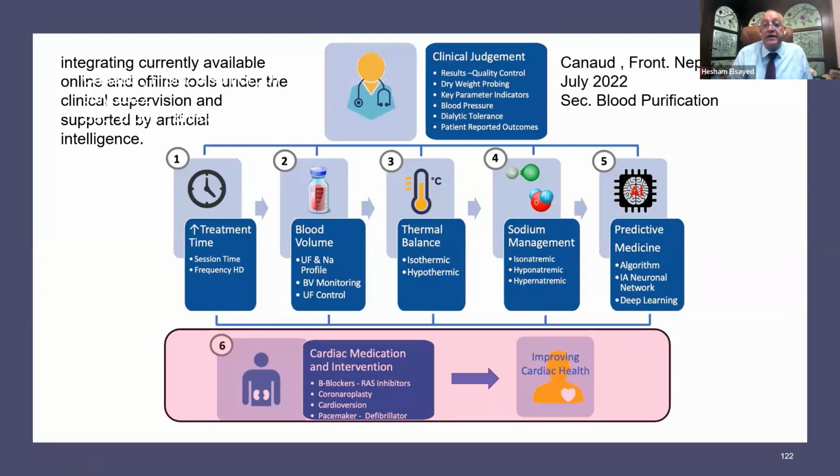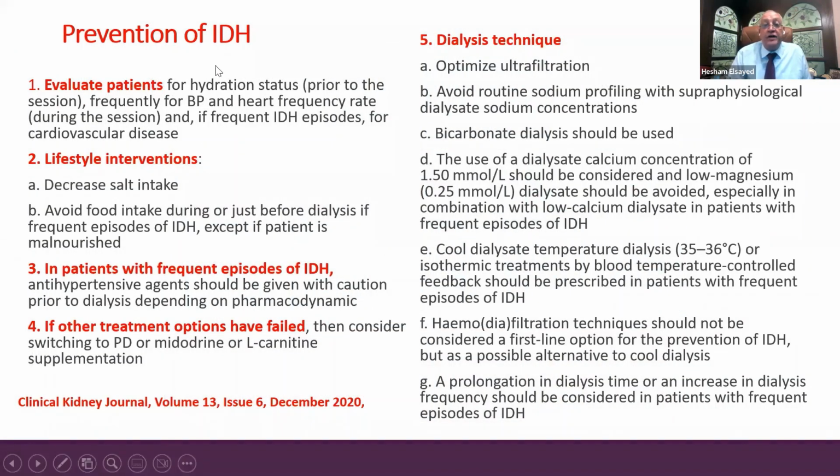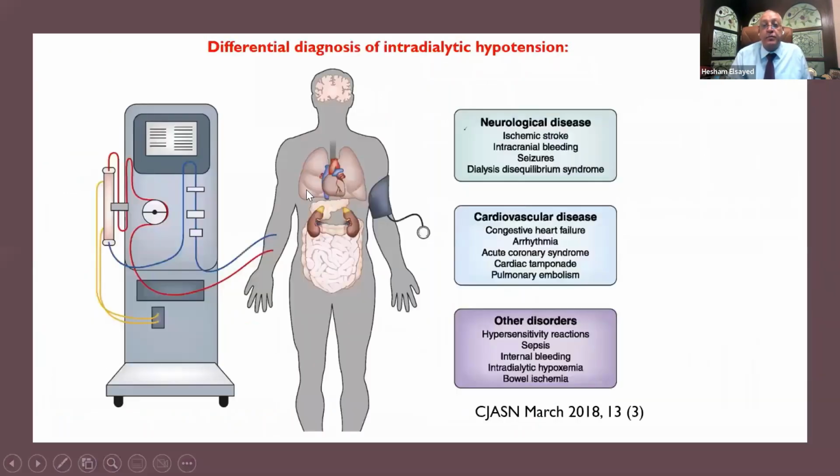Lastly, patient may need coronary bypass or coronary angiography. And to prevent intradialytic hypotension, you need to understand what is meant by intradialytic hypotension, and you can maximize all of these parameters in an individual-based treatment.